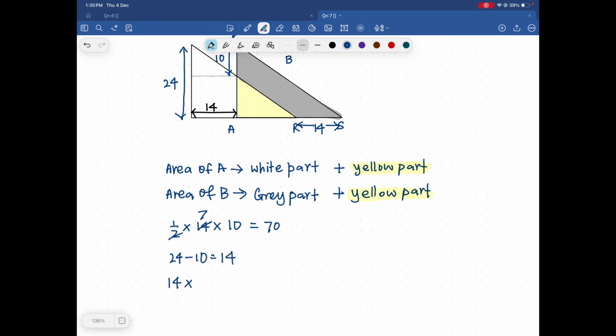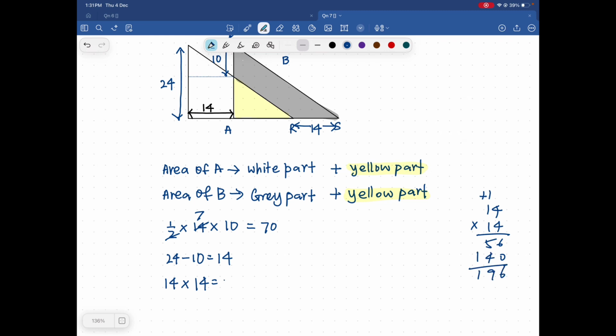And 14 times 14 equals 196. So add both parts up together, 196 plus 70 is 266. So the area of the grey shaded part is 266 square centimeters.